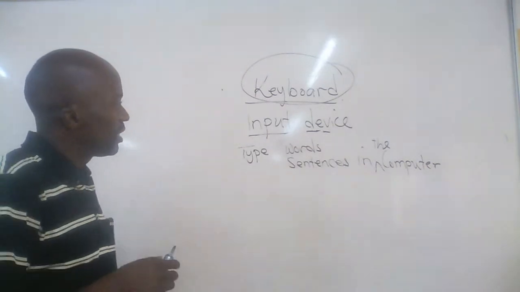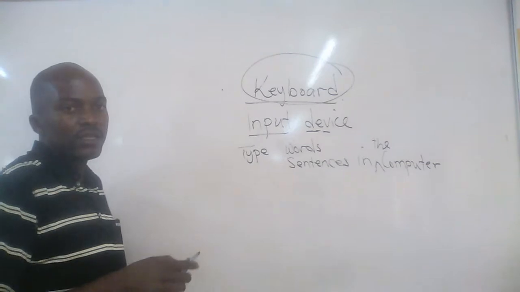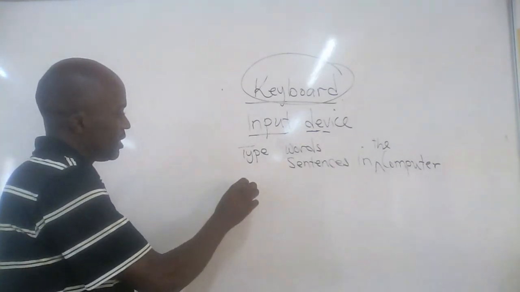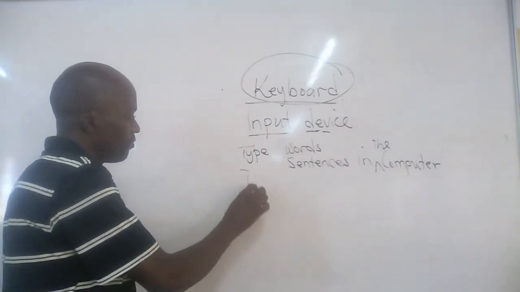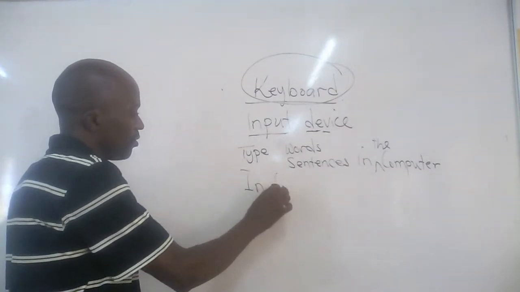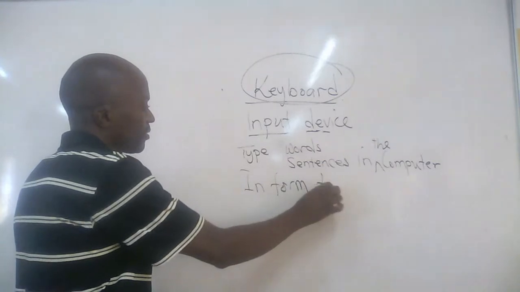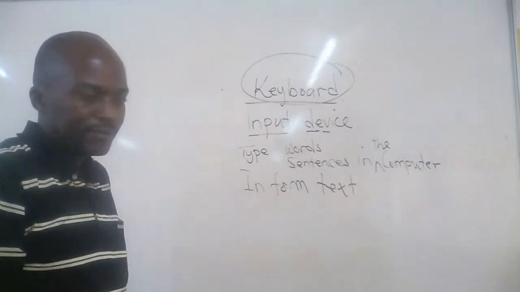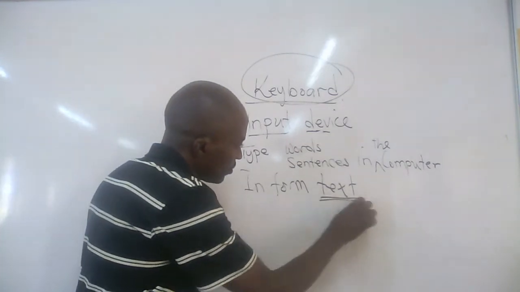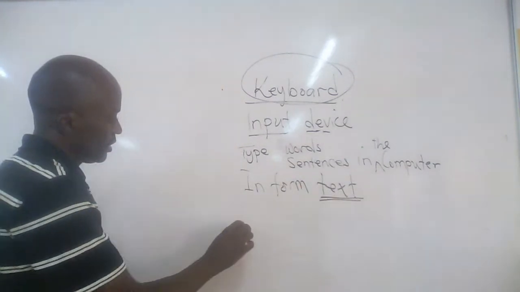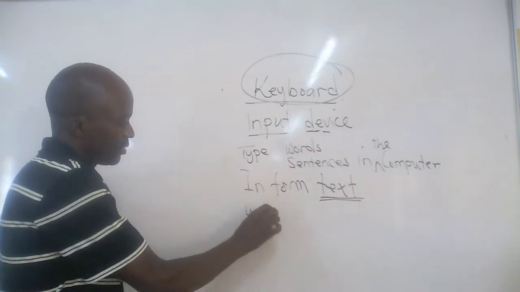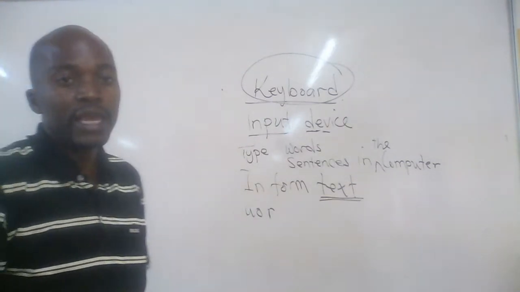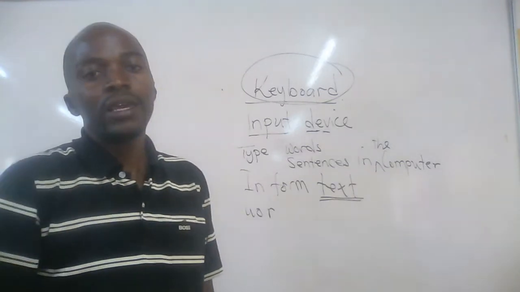Mostly, the type of information which the keyboard puts in the computer is in the form of text. Now, what do we mean by text? When we talk about text, we are talking about words that are formed using the keys that are on the keyboard.